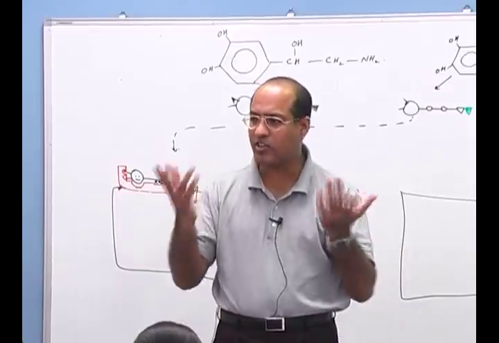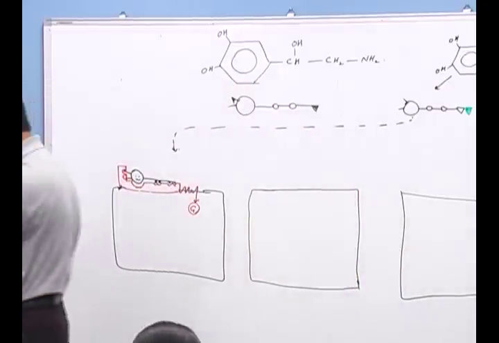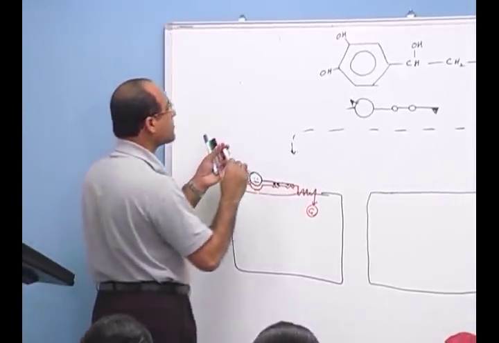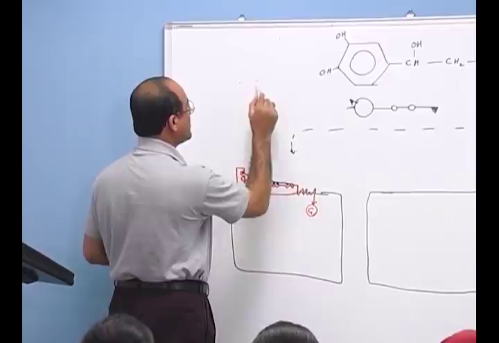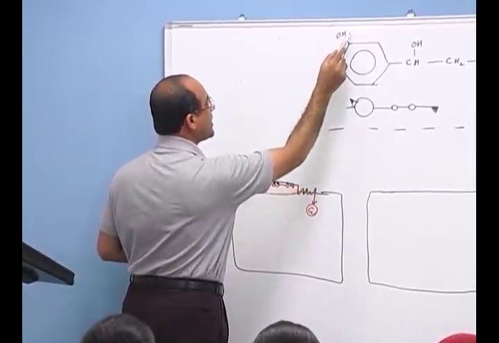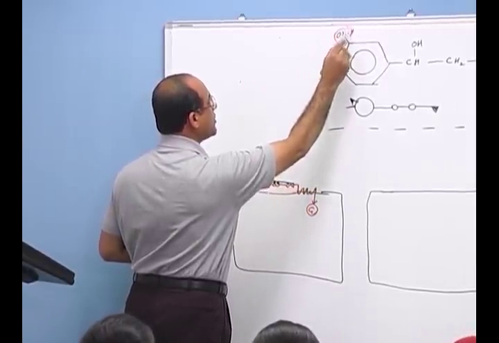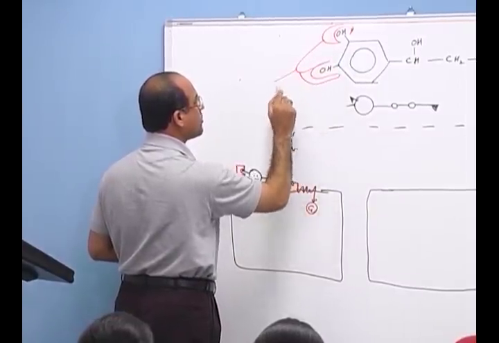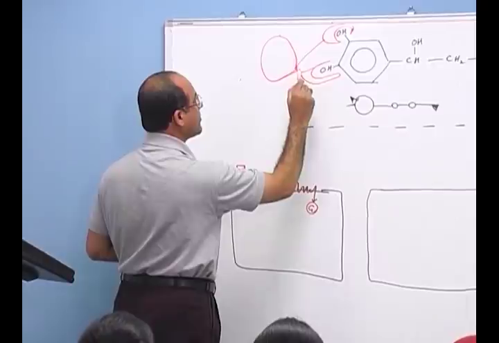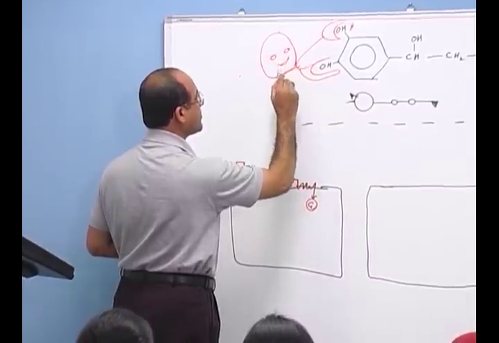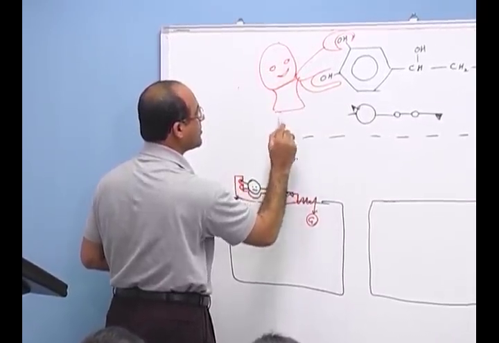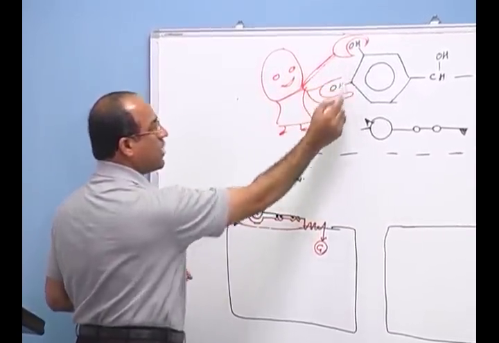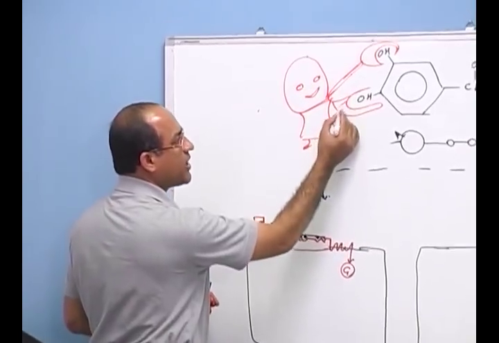Is that right? Another interesting thing: when this drug enters your body, there is an enzyme which will love to hold this drug from these two points. What is the name of this enzyme? This enzyme will hold this drug from which point?